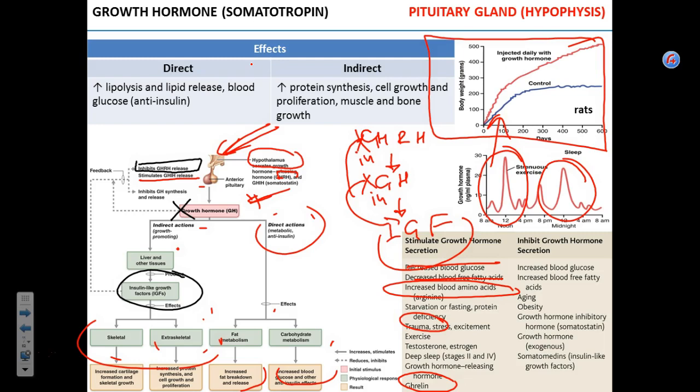Low blood sugar, low blood free fatty acids, high blood amino acids will stimulate growth hormone release. Does that make sense? In terms of behavioral stimuli: stress, exercise, sleep.